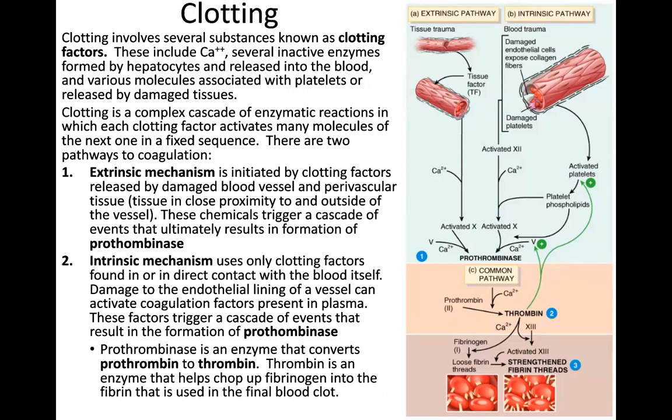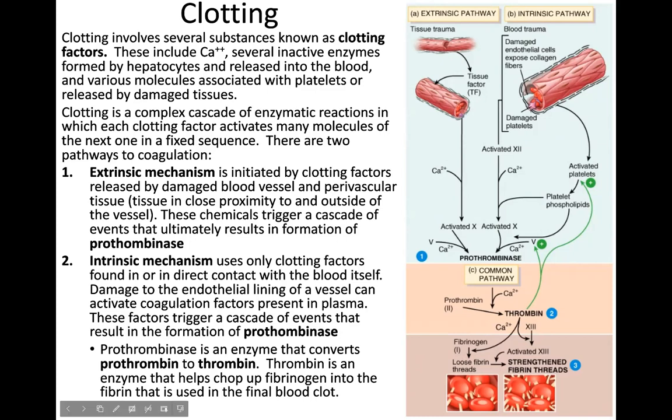Okay. Well, it's a pretty complicated series of events where we use what we call clotting factors, which includes calcium, several inactive enzymes formed by hepatocytes released in the blood, and various molecules associated with platelets or released by damaged tissues. Okay.